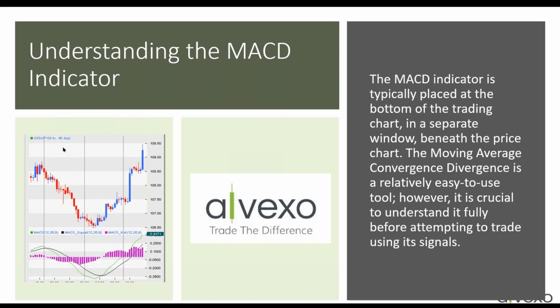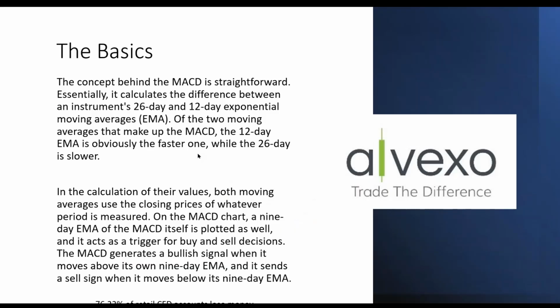However, it is crucial to understand it fully before attempting to trade just a signal. Too many traders hear, oh, MACD is easy. Just drop it on your chart, and whenever you get a crossover, buy or sell. By the end of the first week, you probably have lost all your money and gone home saying these people are crazy.